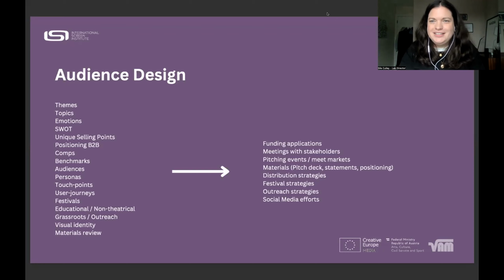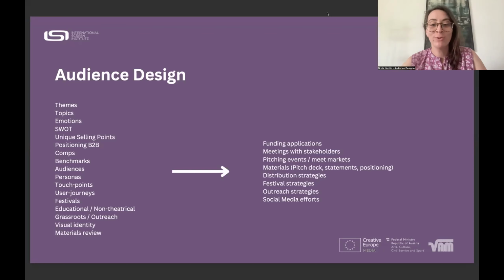No, I think, well, there are so many things. Honestly, it's a bit difficult to talk sometimes about audience design because it seems such an abstract concept.